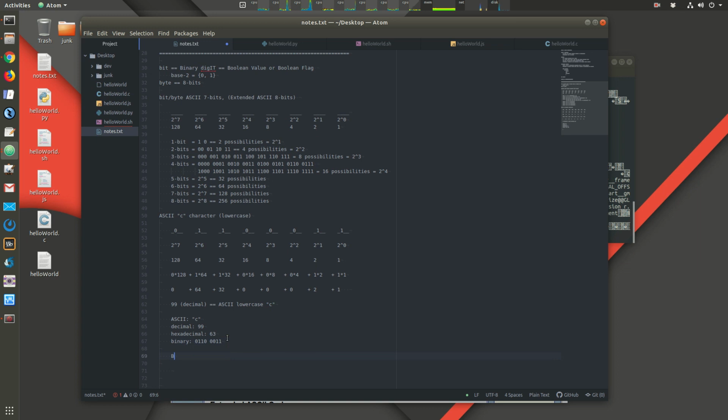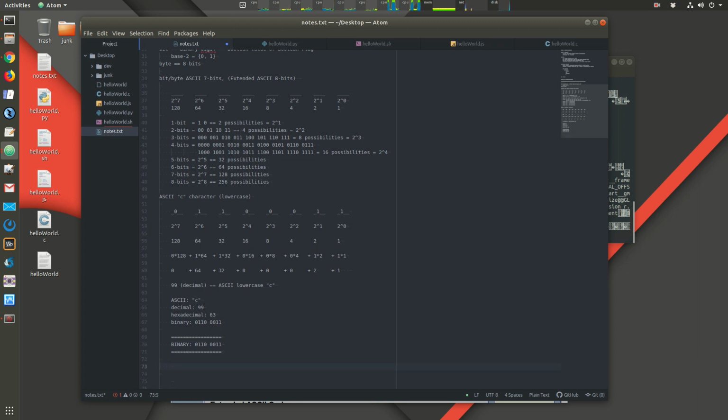So let's examine this. We've got binary number 0110 space 0011. Okay, we'll put a little separator here so we can look at this section. So this binary number is basically all this information that we just did right here.